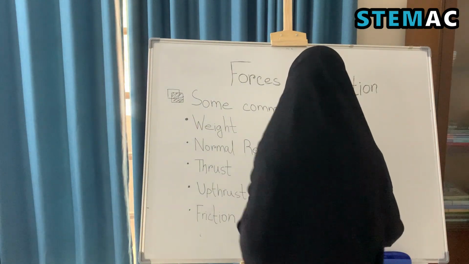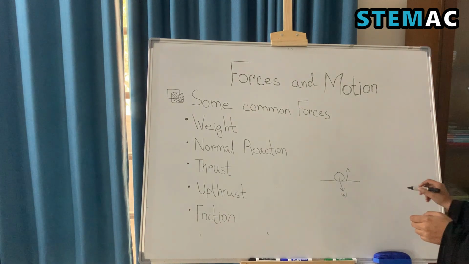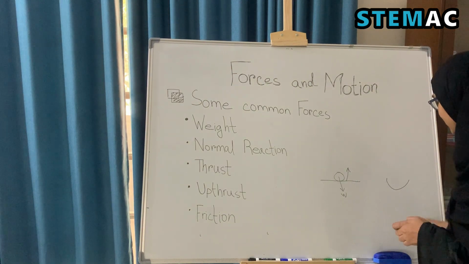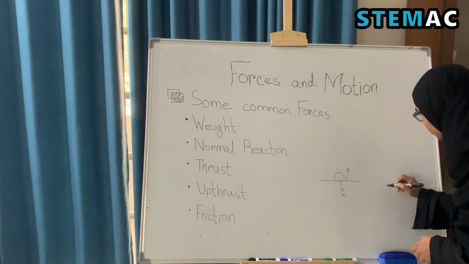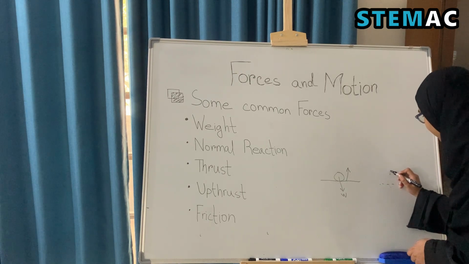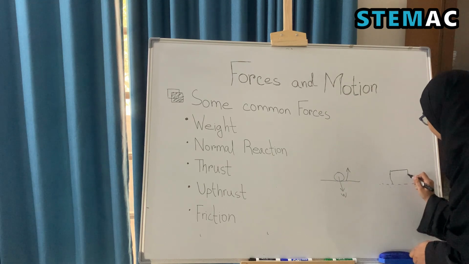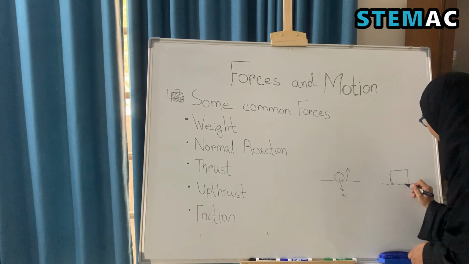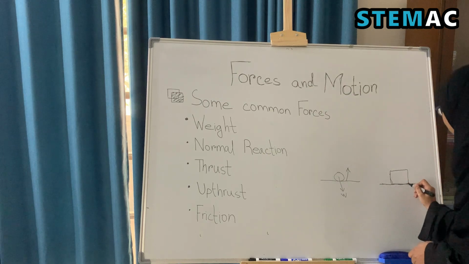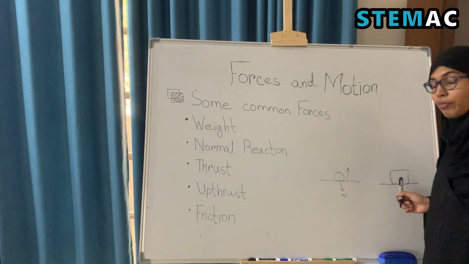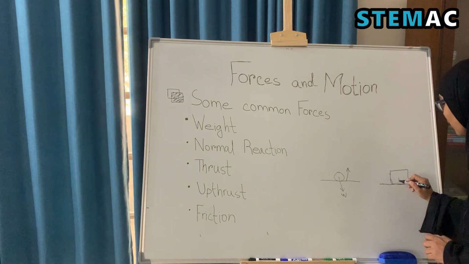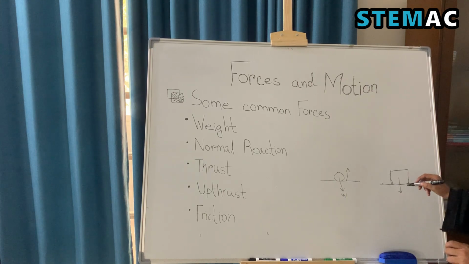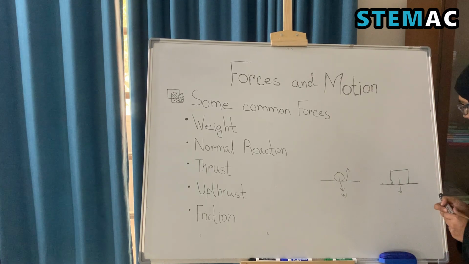The fluid is stopping the object from sinking. Let's say there is a box on the surface of water. The box floats on water. It's because the weight force of the box is balanced by the upthrust force. So where is that upthrust force coming from?